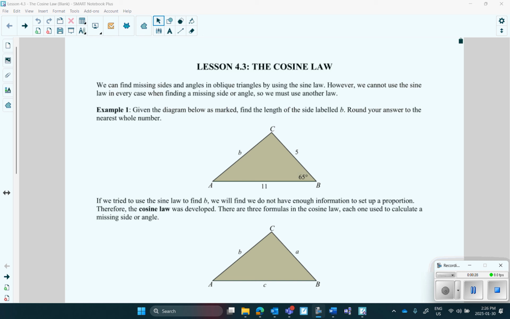I know this side, but I don't know this angle. I can't set it up. It would be two unknowns if I tried to set up sine law. It would be b over sine 65 equals 11 over sine c, and you can't solve it with two different variables. So we need a cosine law.